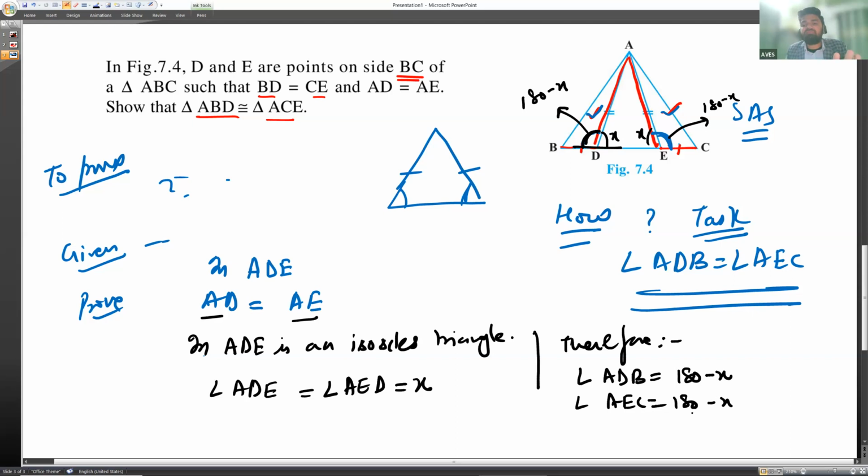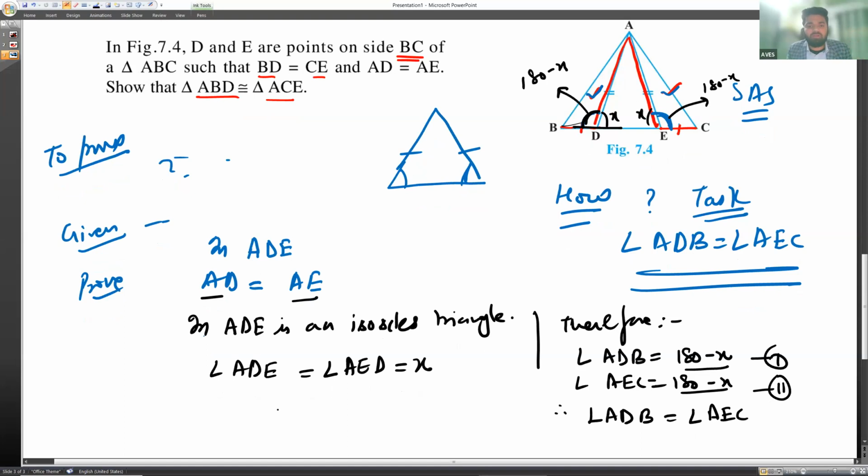So if they both are equal to 180 minus x, therefore we can say that angle ADB will be equal to angle AEC. This is first, this is second. From first and second, we find that these two angles are equal. Now, if you have proved this one, then it is very simple.